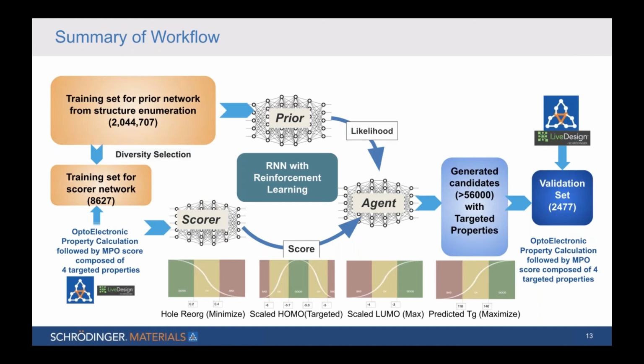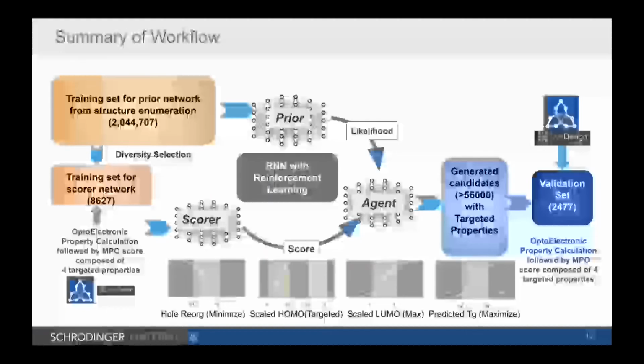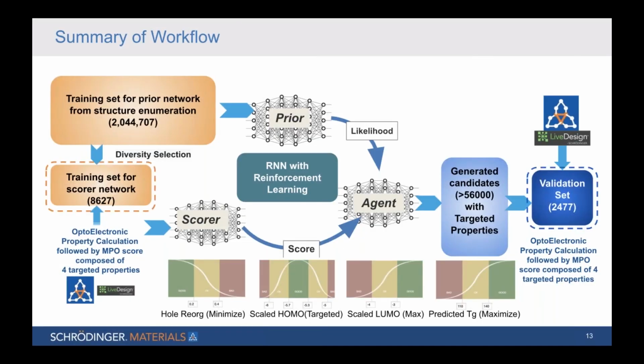From that, we did a diversity selection again to select a validation set of just under 2,500 structures. In the next couple of slides, we'll be looking at the validation set, which is from machine learning generated structures. We ran optoelectronic property calculations, followed by the MPO score, so that we can compare these machine learning generated structures with the original training set, because they are calculated the same way on the simulation side.